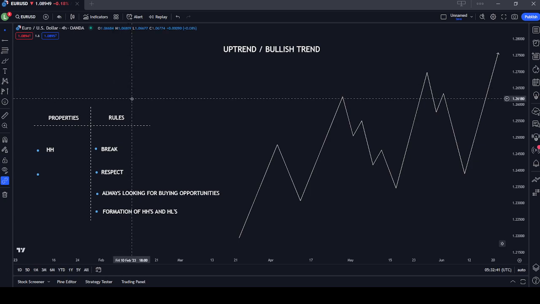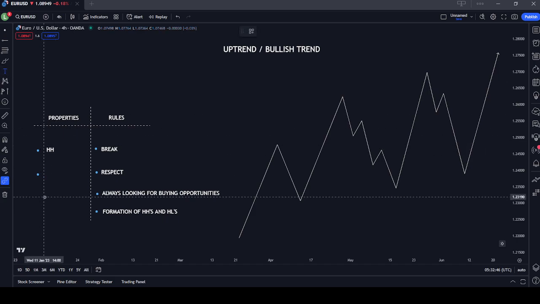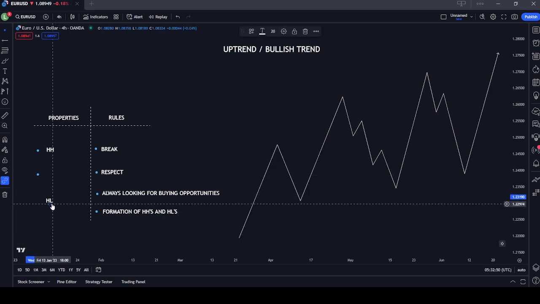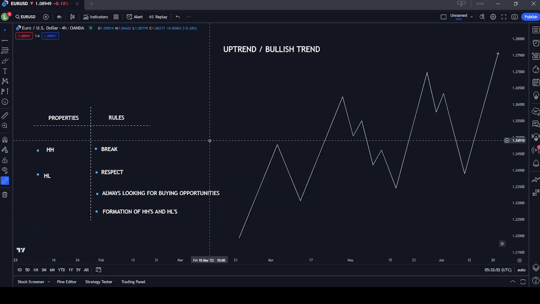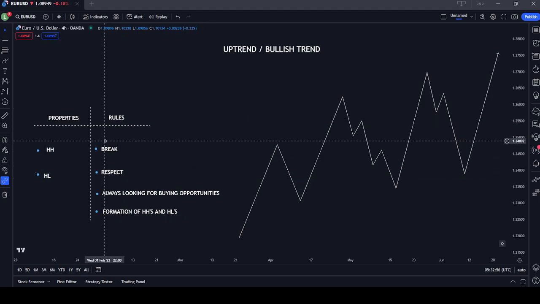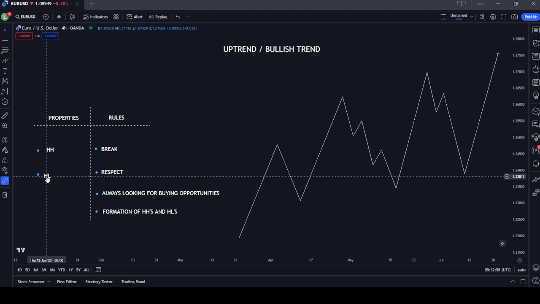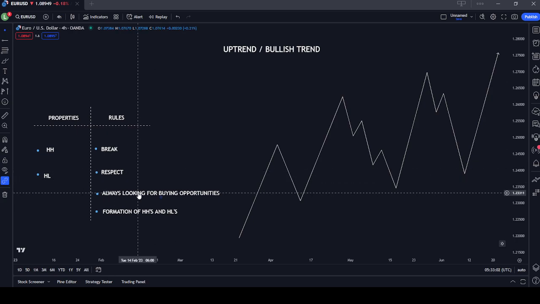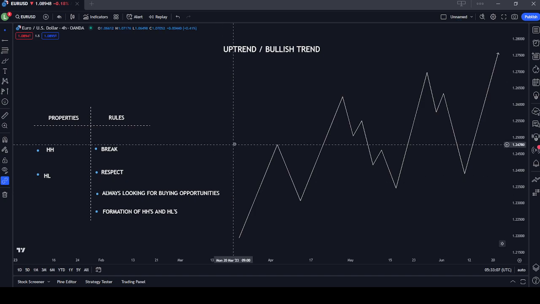On rules, it says we break higher highs and respect higher lows. Always on an uptrend, we are looking for buying opportunities.